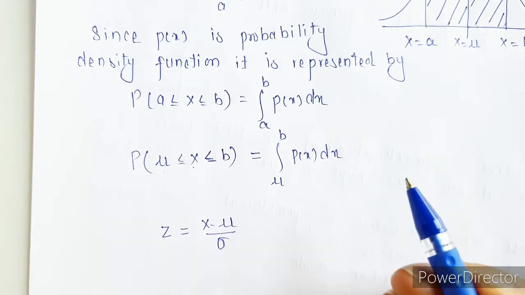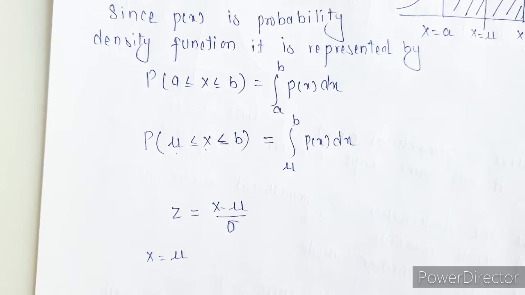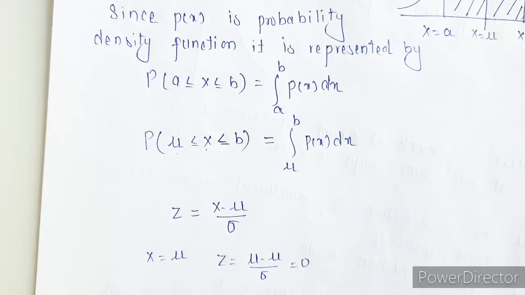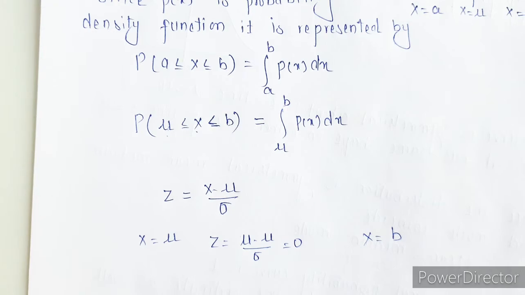Suppose x is mu, the standard variate will be mu minus mu upon sigma, which is nothing but 0. And suppose I take x equals b, the standard variate can be written as b minus mu upon sigma. Let me take this as z1.